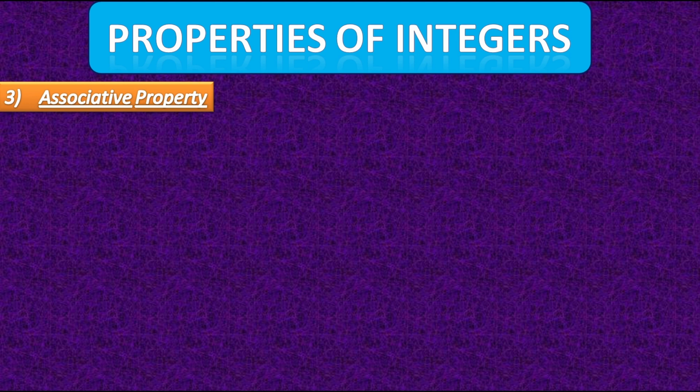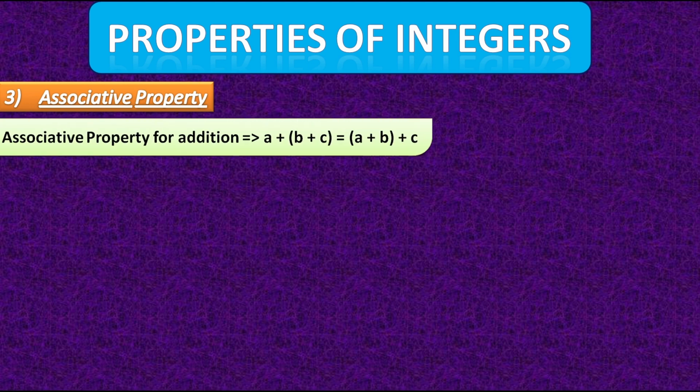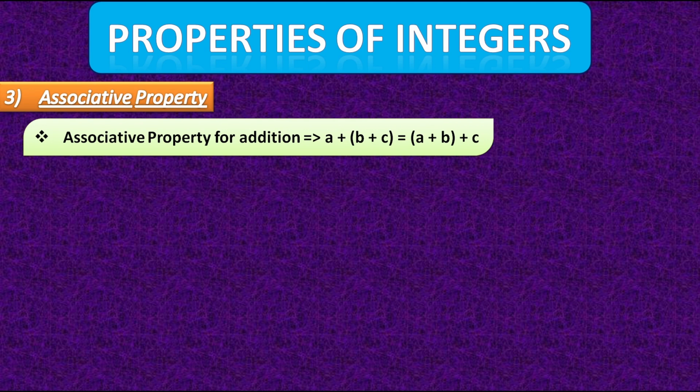Now the associative property. Let's check it for addition. The associative property for addition is a plus, in brackets, b plus c, bracket complete, is equal to, in brackets, a plus b, bracket complete, plus c. Actually, this property is similar to the commutative property, just here there are three integers. This property says that we can choose any two of the three integers to solve first.